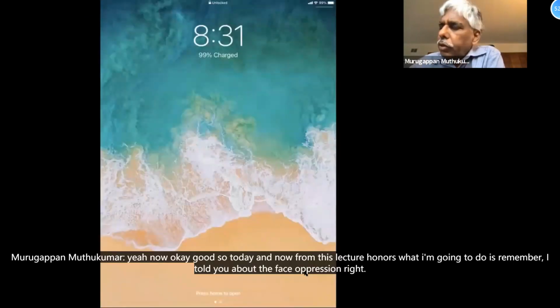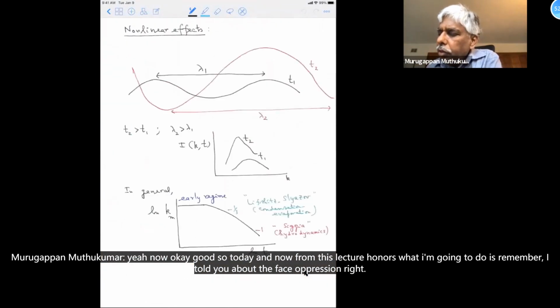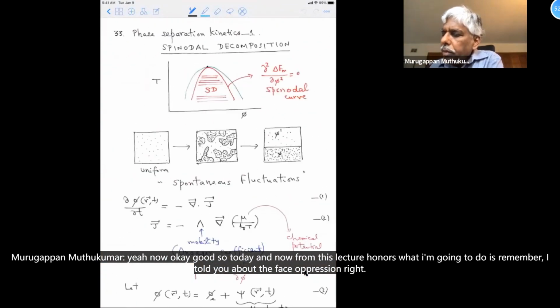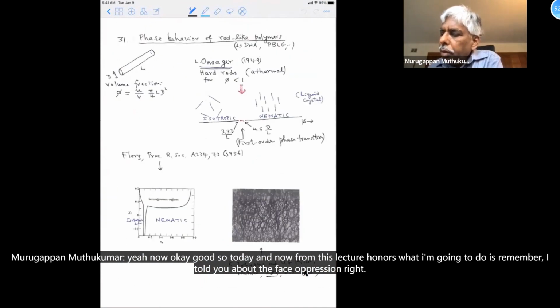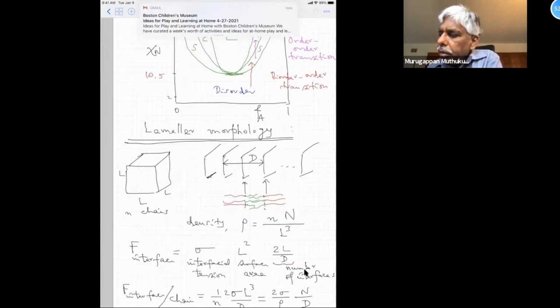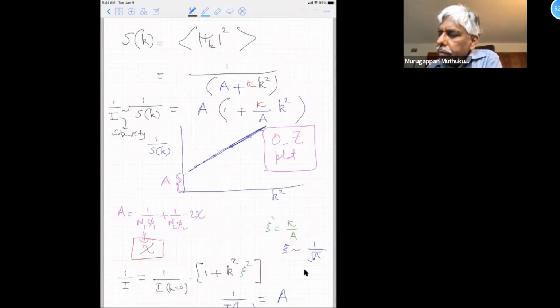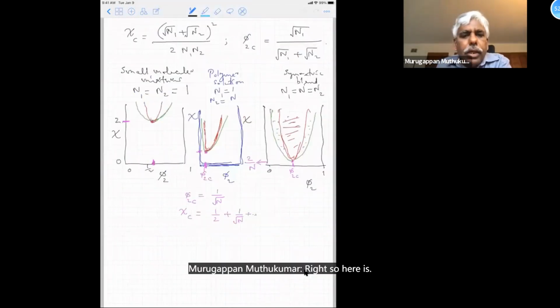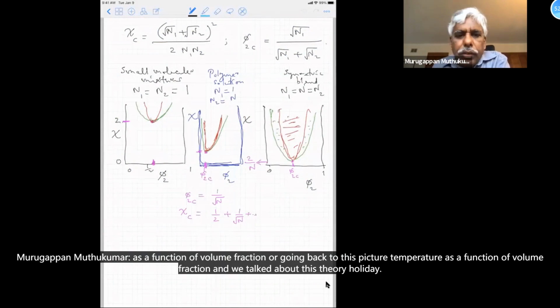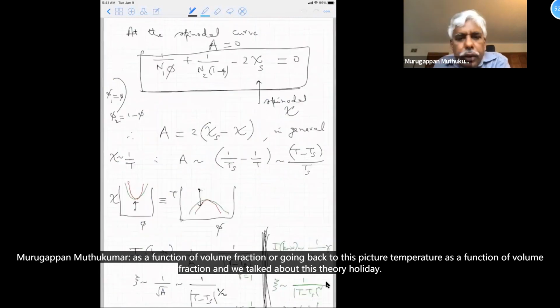Yeah, now, okay, good. So from this lecture onwards, remember, I told you about the phase separation, right? So here is chi as a function of volume fraction, or going back to this picture, temperature as a function of volume fraction.